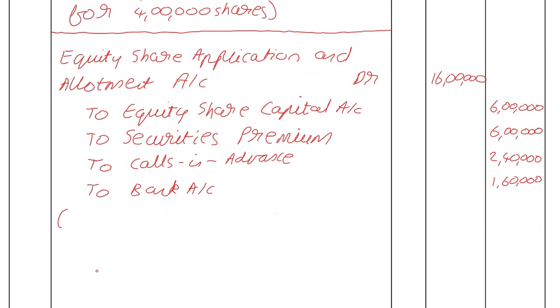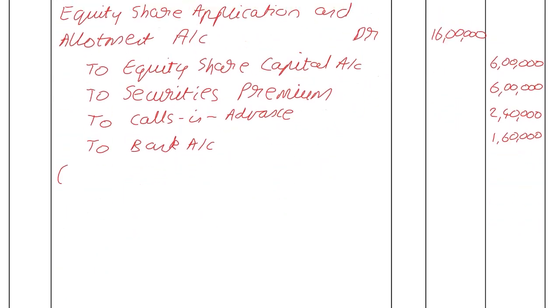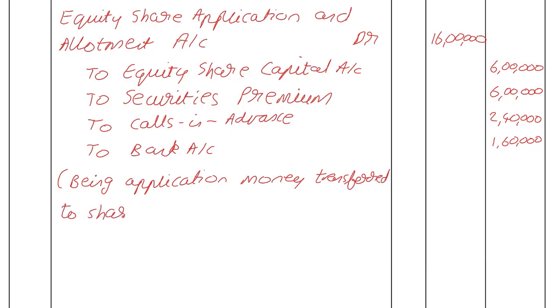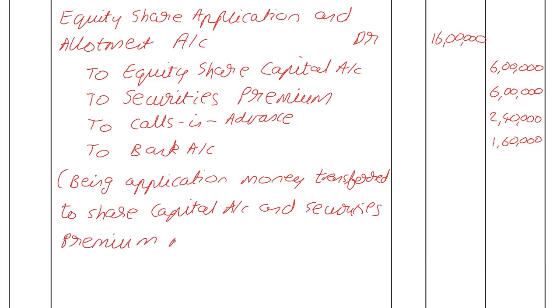So narration over here is simply going to give a brief summary about what has happened. So what has happened, first of all, being application money transferred to share capital account and securities premium account.